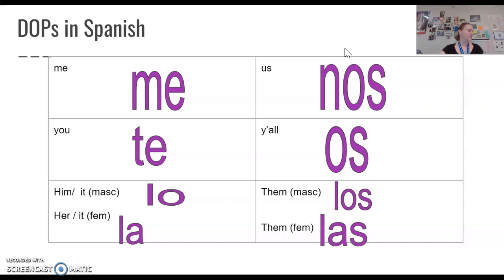So you have some sentences down below. Let's figure out who or what is being verbed, who or what the verb is being done to. Bold that, underline it, highlight it, make some sort of indication on your notes. And then replace what you've indicated with one of these DOPs and move it before the verb.